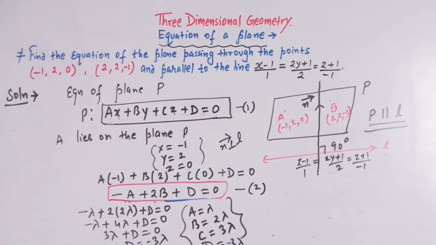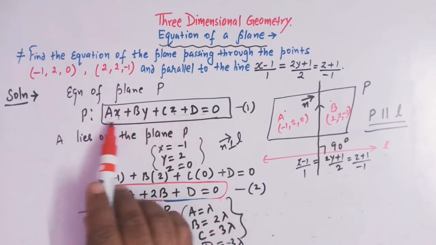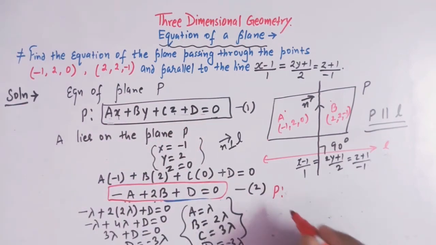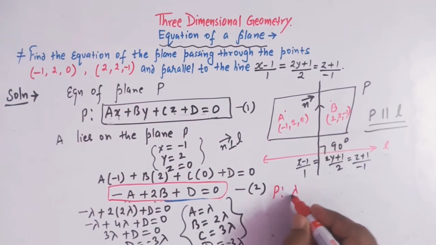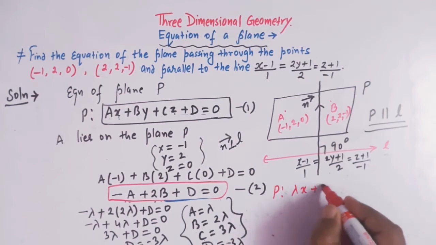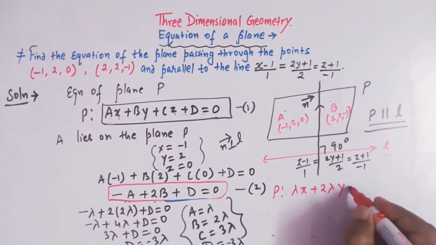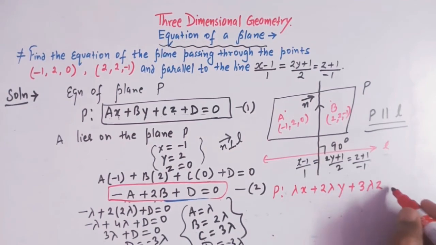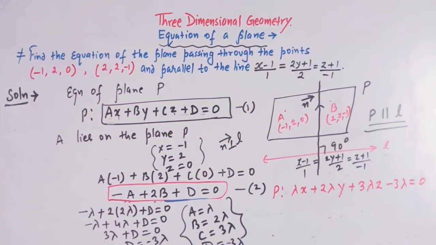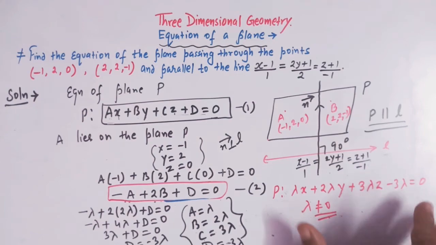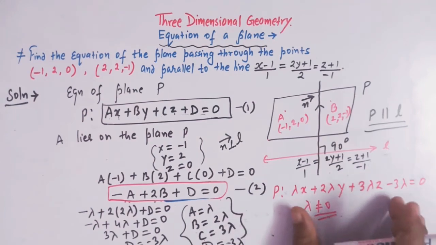So now let us substitute these values over this equation. So we have the equation of P as lambda times x, then we have 2 lambda y, then we have 3 lambda z, and d is minus 3 lambda, right? And that is equal to 0. Now see, in these 4 terms lambda appears, right? And since lambda is a non-zero number here, we can divide both sides by lambda, so that we can get rid of lambda.